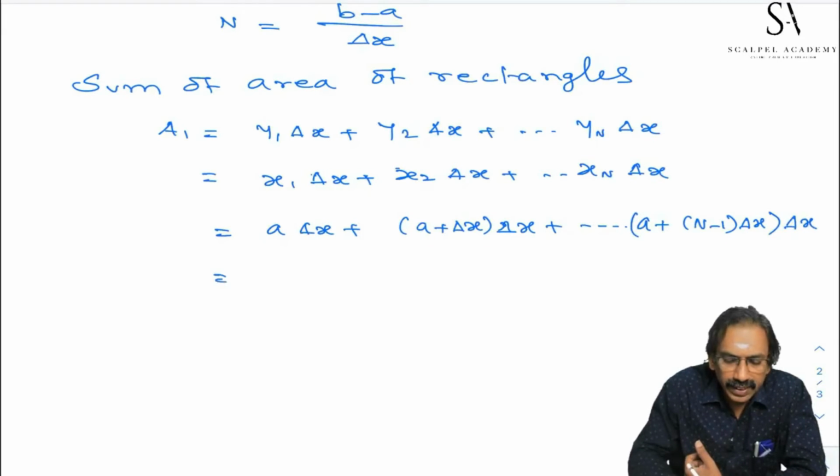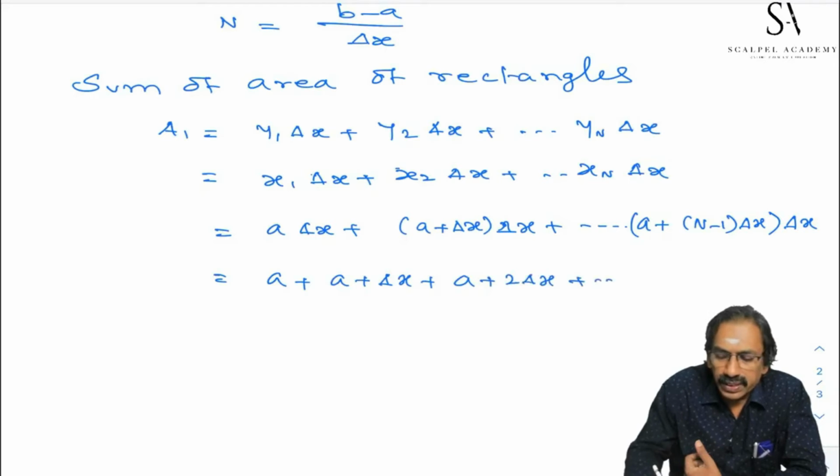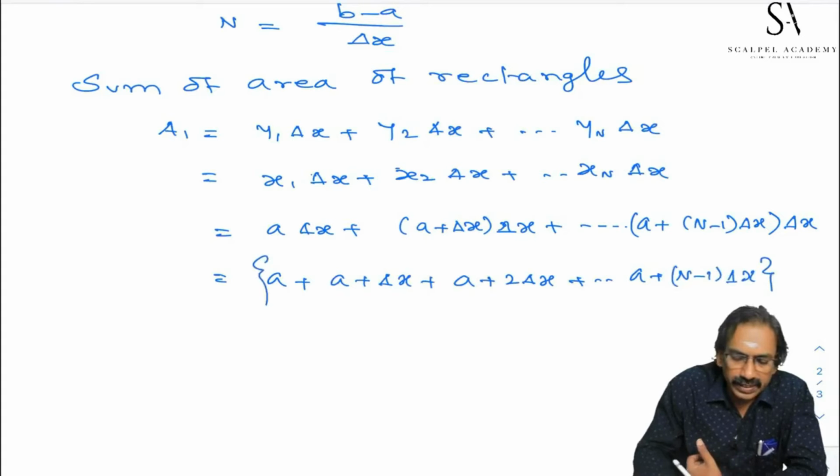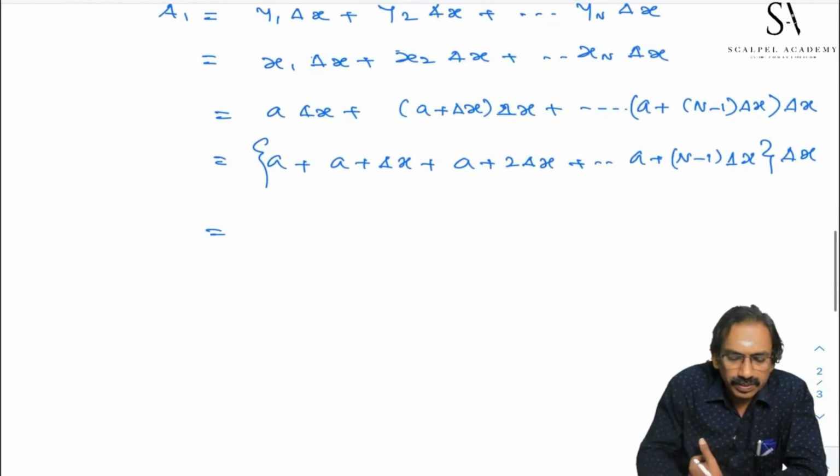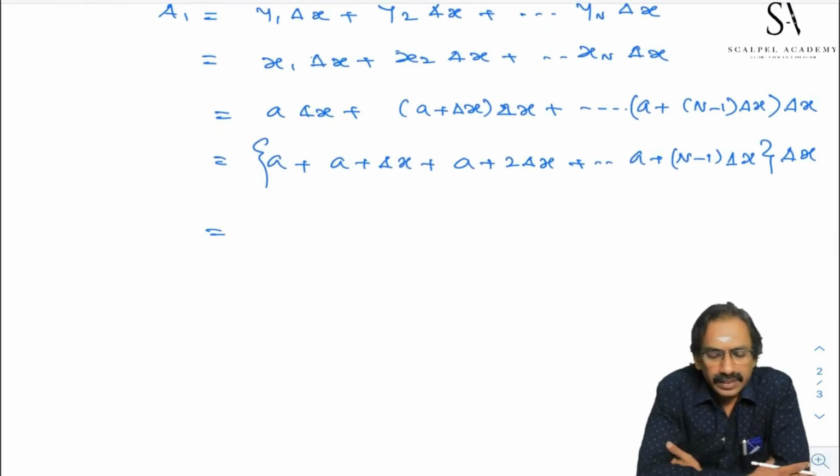Shall I take delta x outside? a plus (a plus delta x) plus (a plus 2 delta x) plus dot dot dot plus (a plus (n minus 1) delta x), into delta x. What is this? The sum of n terms of an AP, arithmetic progression.